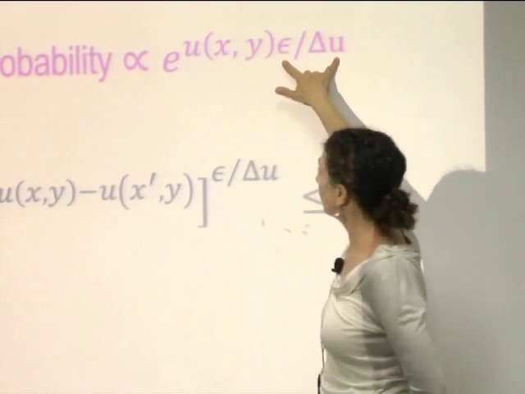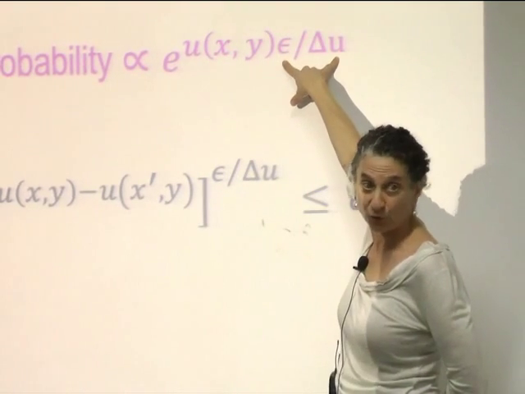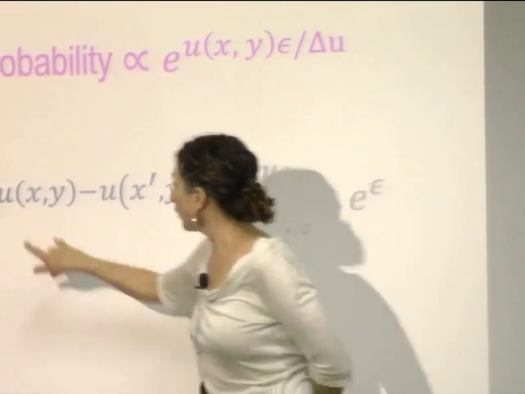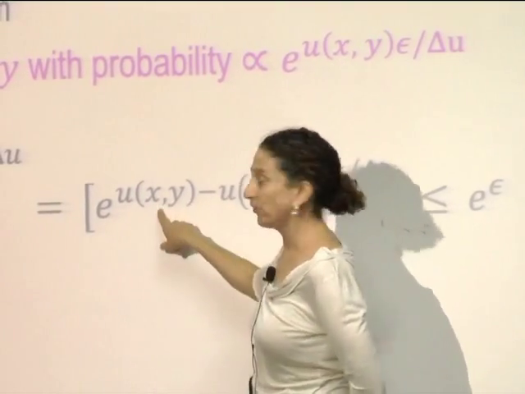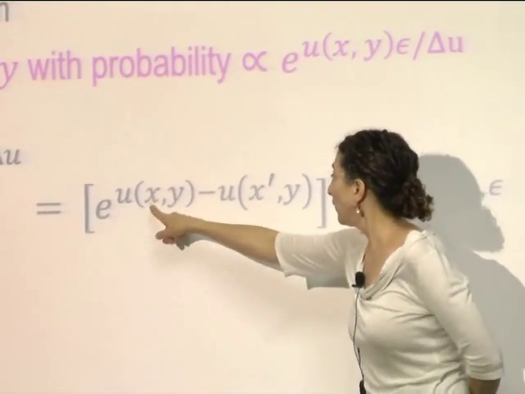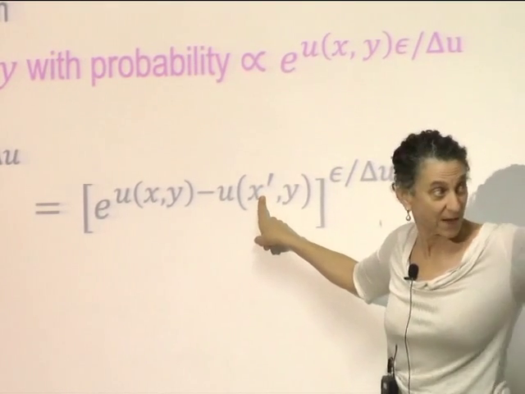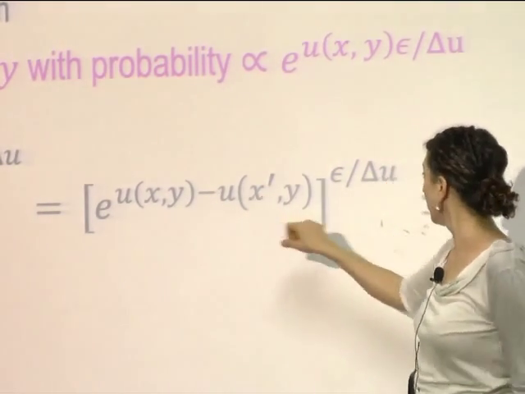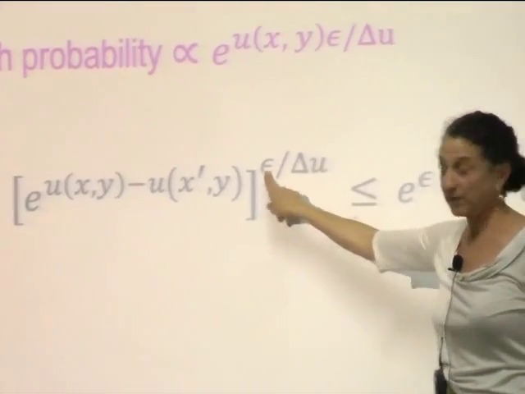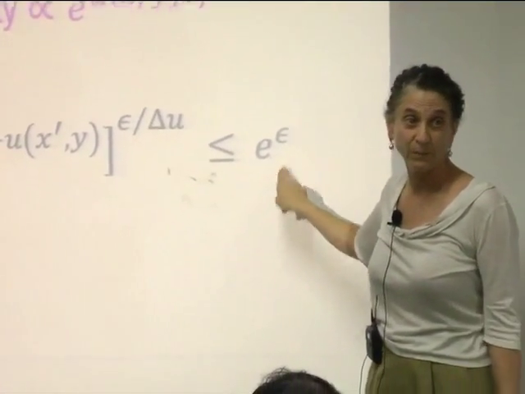That's these terms, and then of course I have this normalizing term, as usual. So this is just a difference in the exponents, and we know by definition that this is bounded by delta u. That's exactly what that says over there on the board. So this goes away, and we get our epsilon, and we have e to the epsilon.